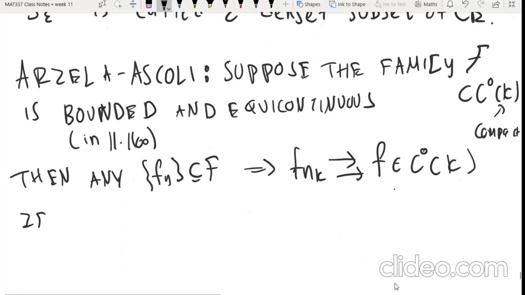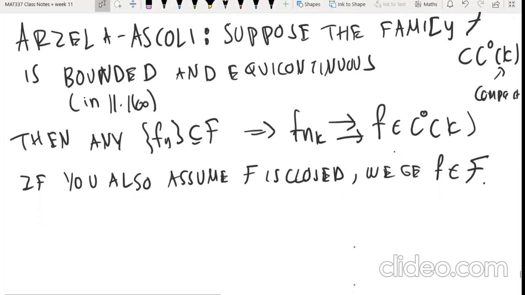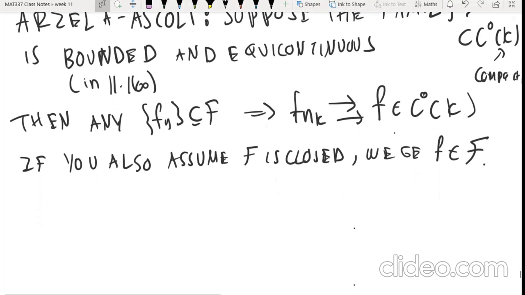So if you also assume F is closed, we get that the limit F is also in the family. Okay, so let's go over the assumptions before we do anything, one at a time. So remark, why bounded?